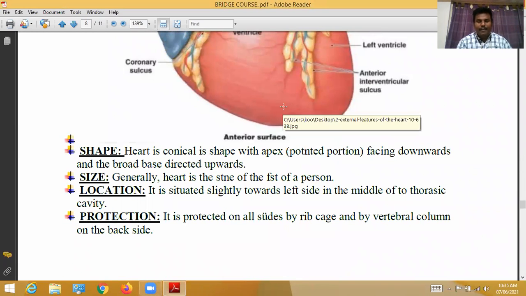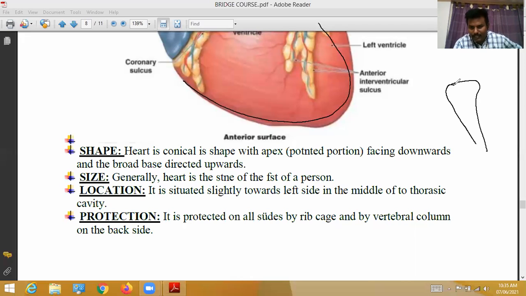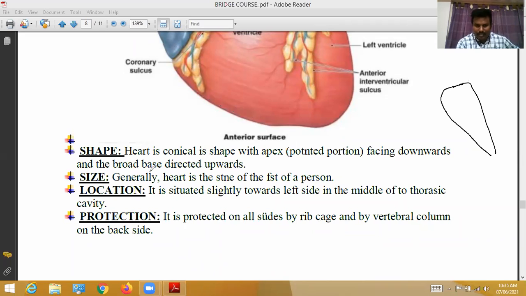Next, shape. The heart is conical in shape, like this, with an apex.